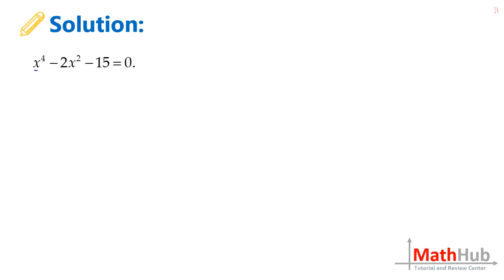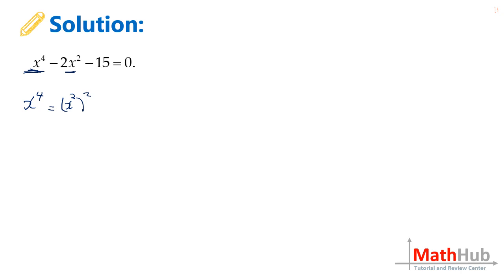Note that the variables that appear here are x squared and x to the 4. If you look at the bigger term, the x to the 4 is simply the square of x squared. So if you have something like that, it's quadratic in form.